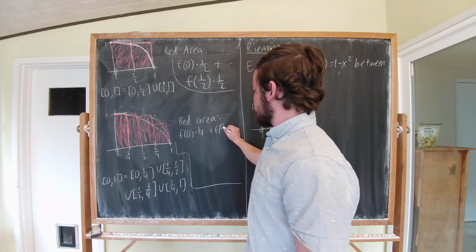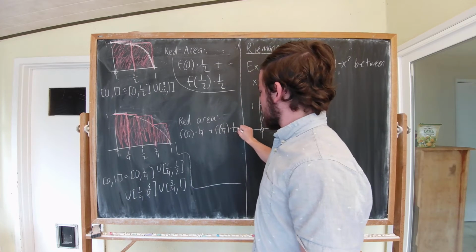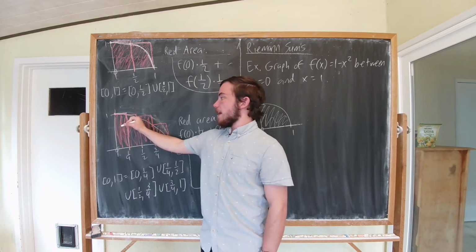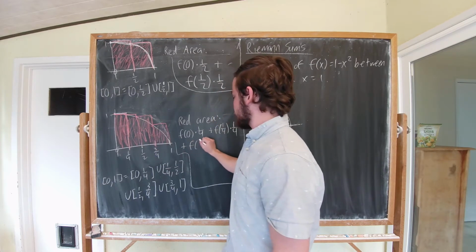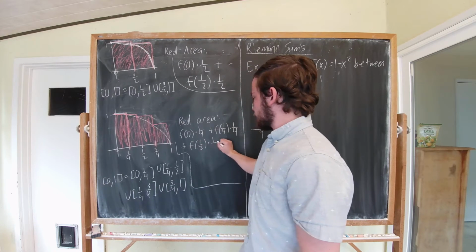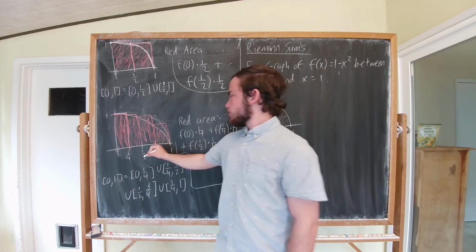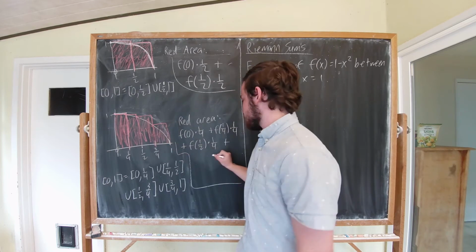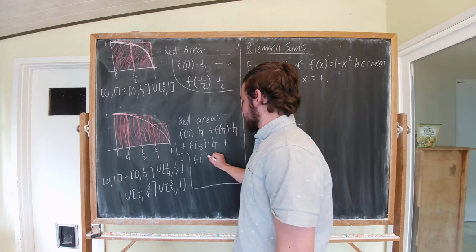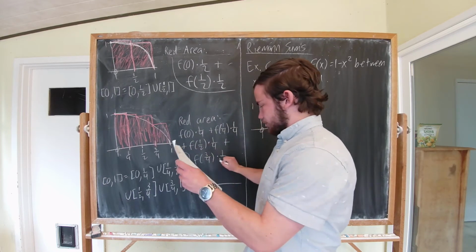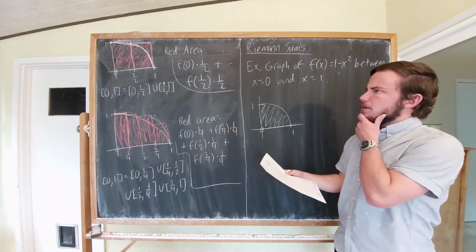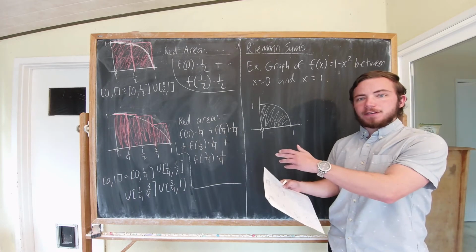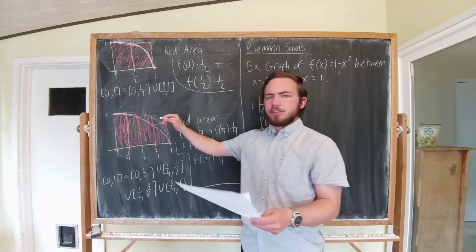How about the third rectangle? f of 1/2 times 1/4. And finally, f of 3/4 times 1/4. So again, both overshoot the area, but this one looks like it overshoots a little bit less.